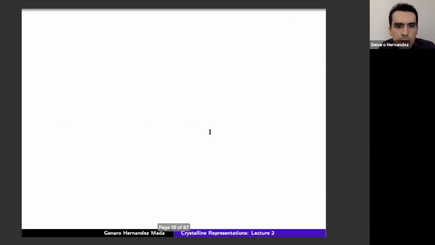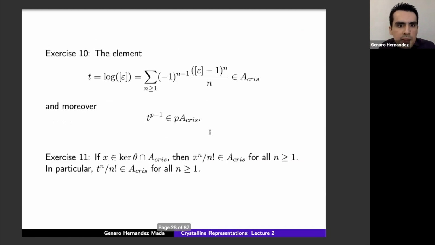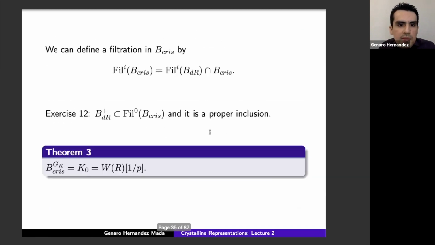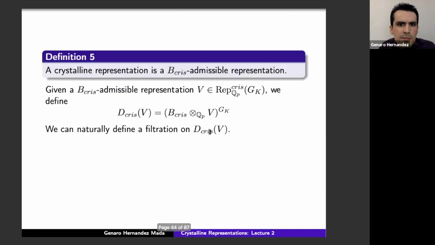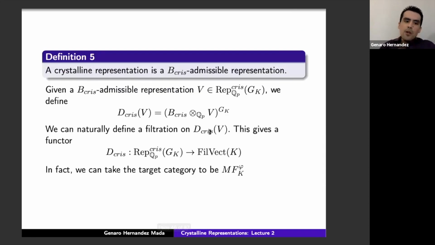Here, we could change the target category, thanks to the fact that the Dieudonné module has more structure, a Frobenius endomorphism.